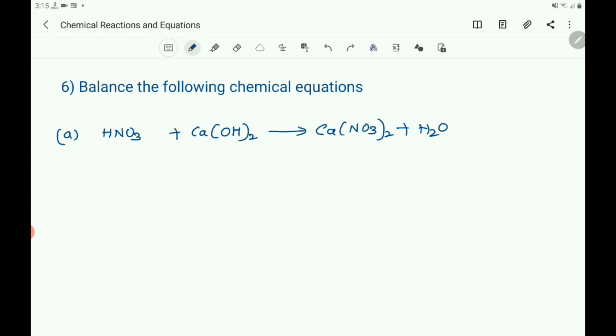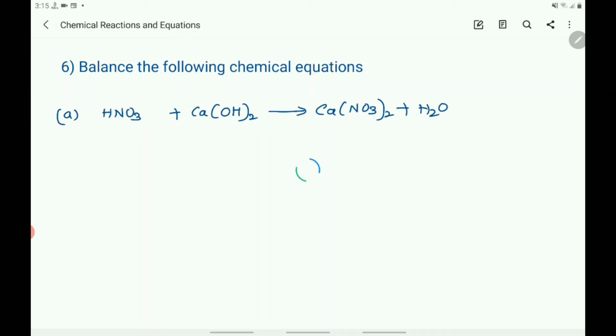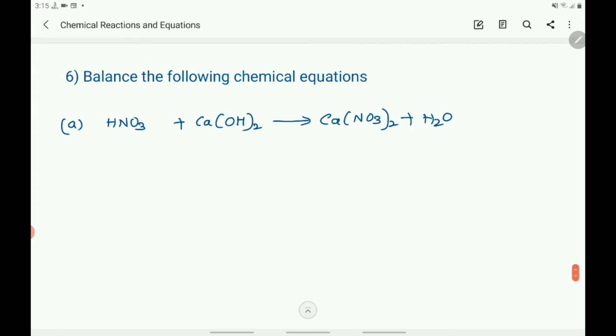So to balance it, here 3 plus 2, 5 oxygen atoms are there, and the 6 plus 1 more is there, 7 on the RHS, that is the product side, and 5 on the reactant side. Then how can you make it equal?